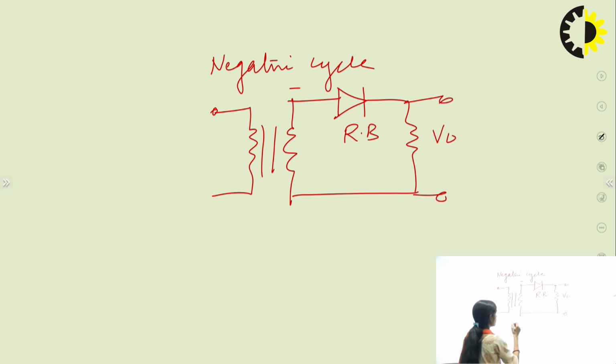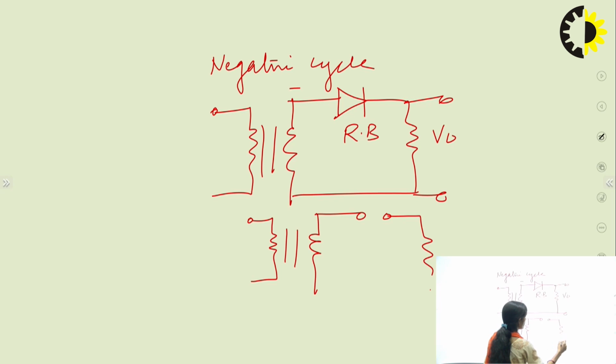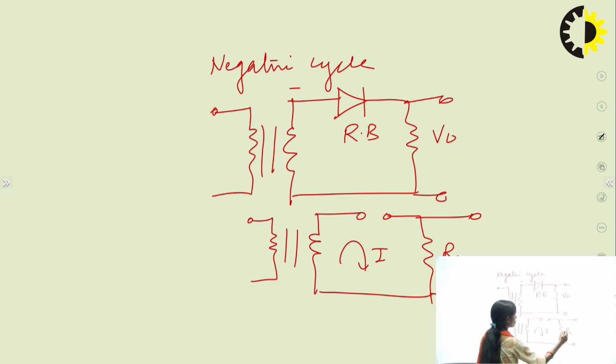So the open circuit will look like this. That means in this open circuit condition, no current is flowing. So if no current is flowing, the output is equivalent to 0. So for the negative cycle, we are not getting any output.